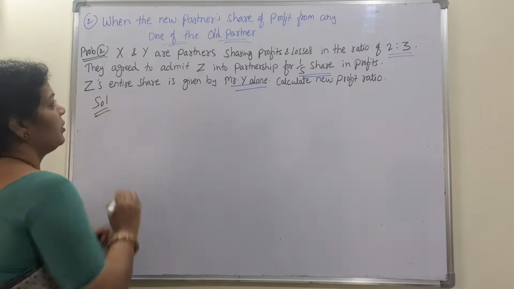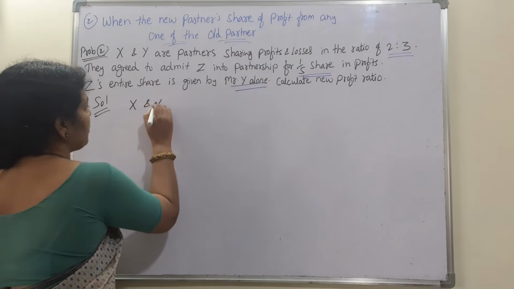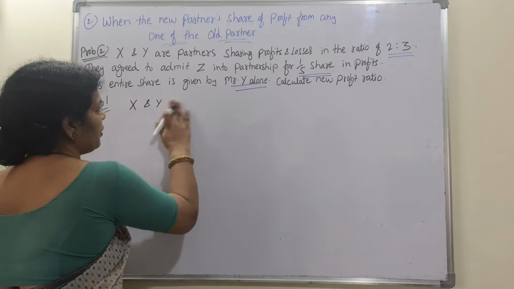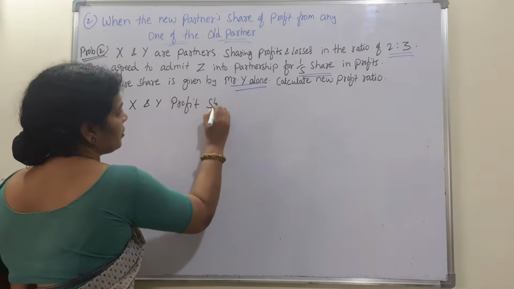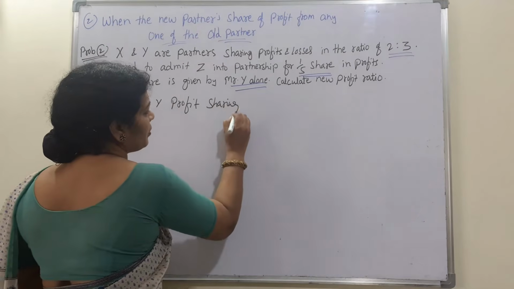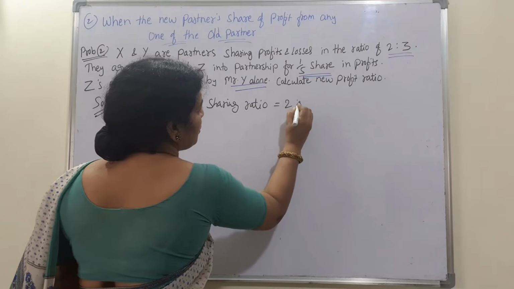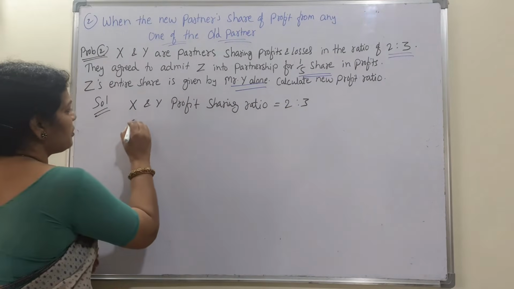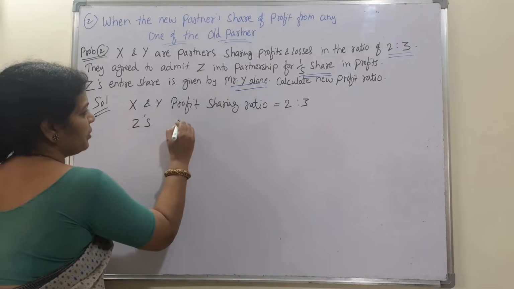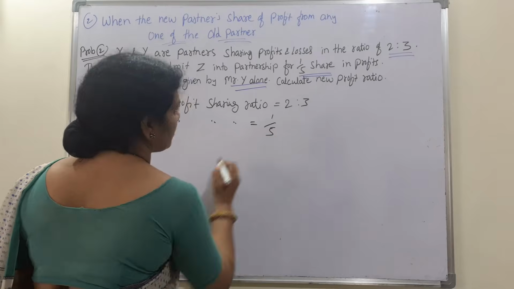Solution. You can write first, the X, Y profit sharing ratio is 2:3, and now Z's profit sharing ratio is 1/5.